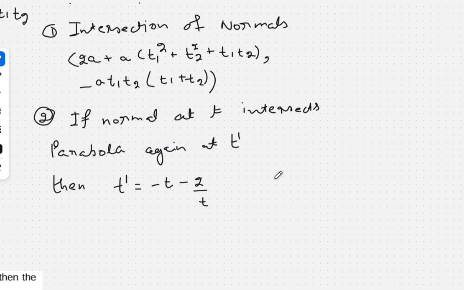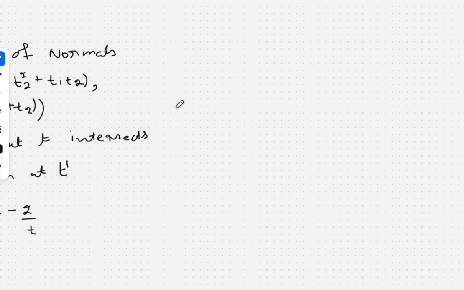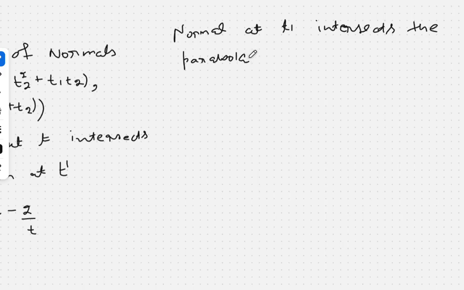So now the normal at t1 intersects the parabola again at minus t1 minus 2 by t1. So this is the parameter of that point, and we know the y coordinate.